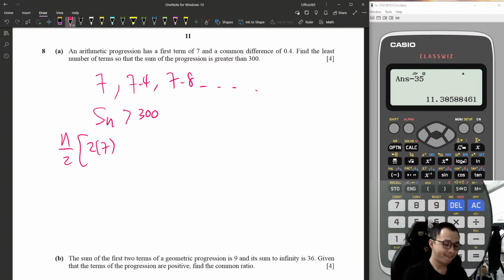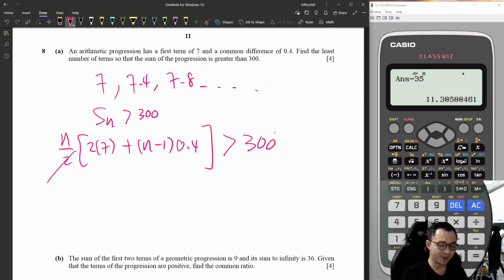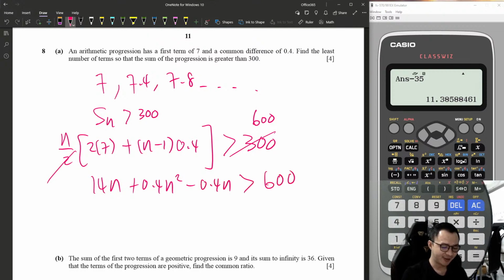Sn is n over 2 times 2a plus n minus 1 d, where d is 0.4. This is just the formula, it's not something I invented. Just apply the Sn formula. Alright, so this one kind of needs to move to the other side. I get 600 on the right, n multiplied by 14n minus 0.4 plus 0.4n square minus 0.4n bigger than 600.